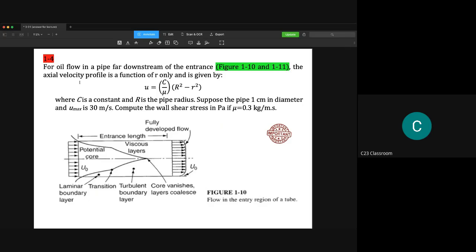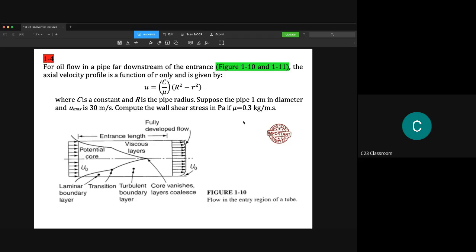The axial velocity profile is a function of r only and is given by u equal c over mu times r squared minus little r squared, where c is a constant and r is the pipe radius. Suppose the pipe is 1 centimeter in diameter and u max is 30 meters per second. Compute the wall shear stress in Pascal if mu is equal to 0.3 kilogram per meter second.